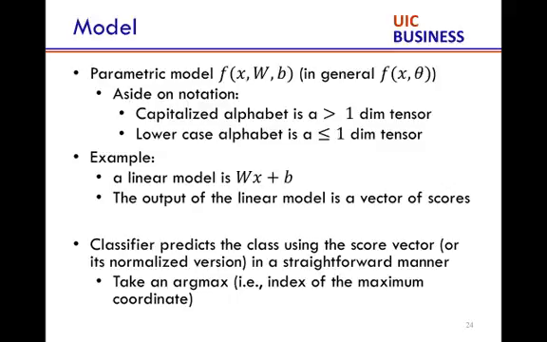Any questions about the data and the model? Why are we assuming that there's only one object or one particular category it belongs to? An image can have more than one. Yeah, an image can have more than one interesting object in there.